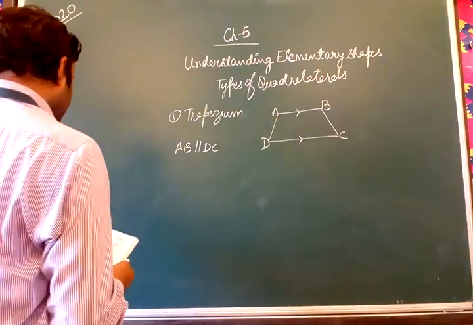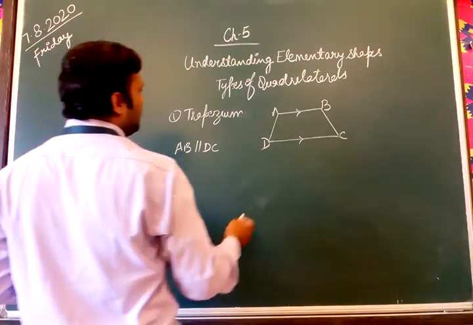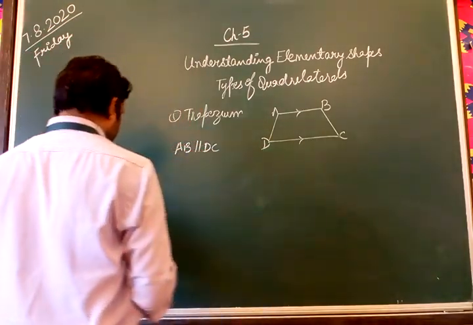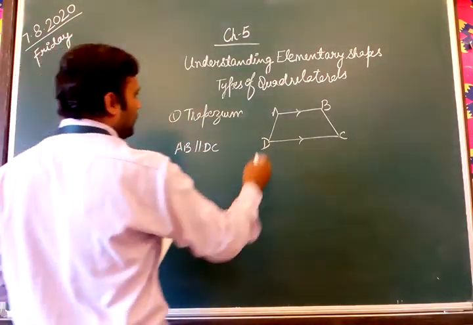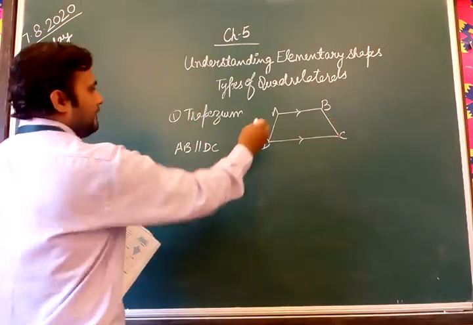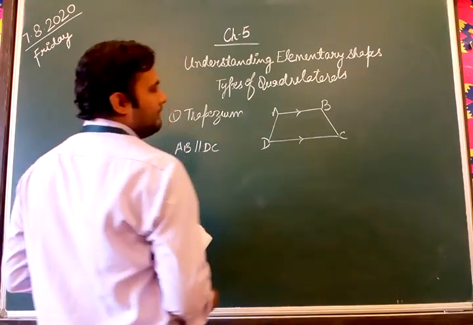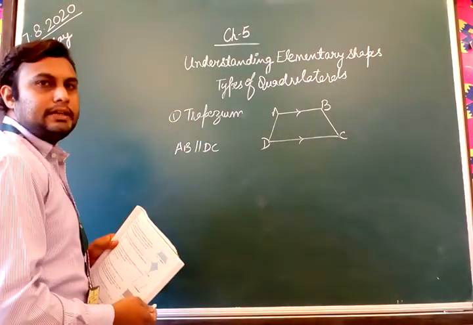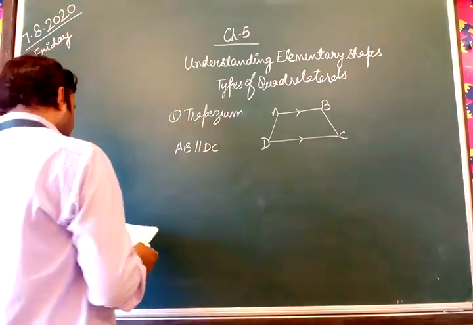The trapezium in which the non-parallel sides are equal is called the isosceles trapezium. Non-parallel sides means this side equals this side. If AD is equal to BC, then we can say that it is the isosceles trapezium.